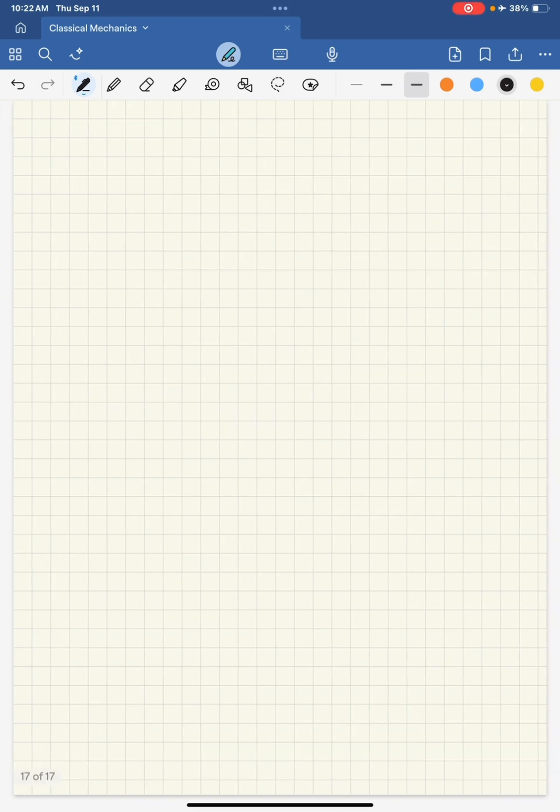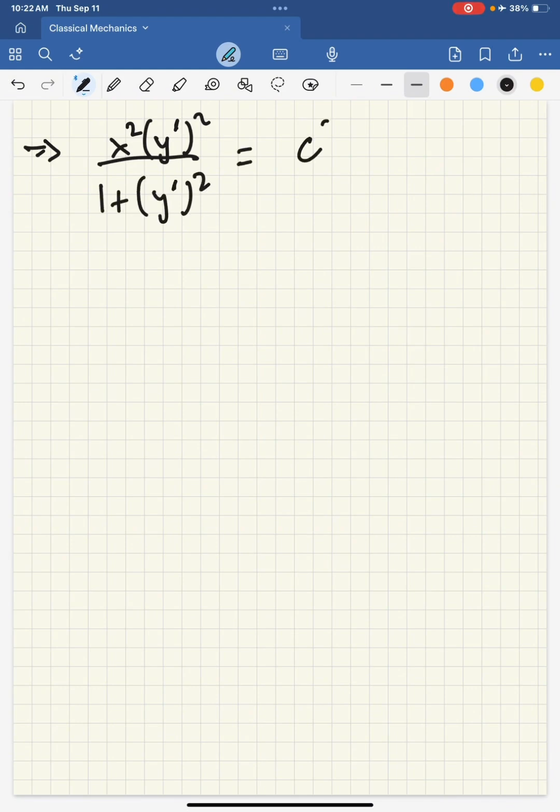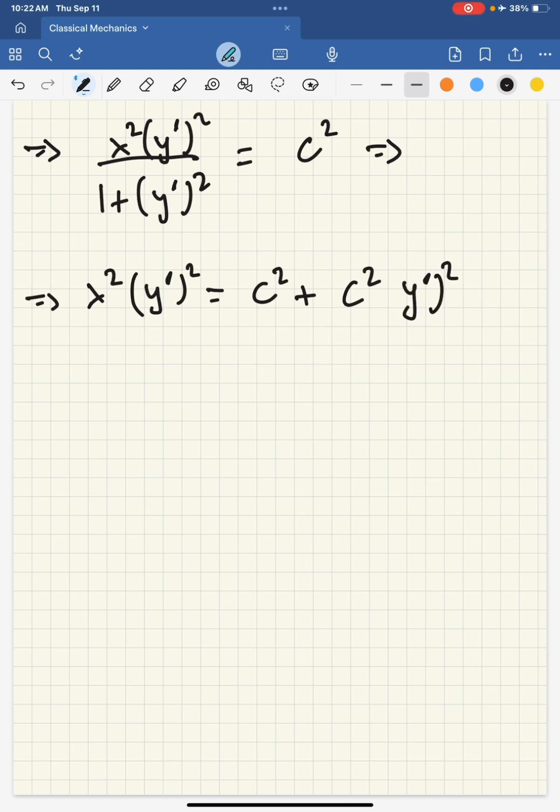Let's take the square of both sides. x squared y prime squared over 1 plus y prime squared should be equal to c squared. So the square root in the denominator goes away. So x squared y prime squared is equal to c squared plus c squared y prime squared.